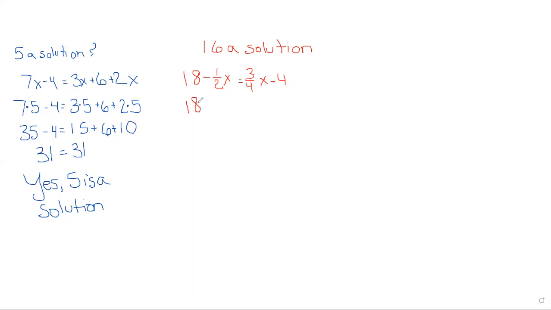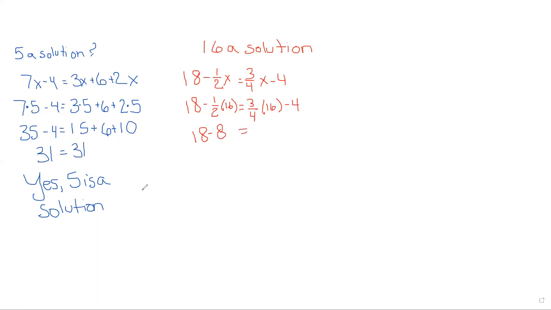We have 18 minus 1/2 times 16 equals 3/4 times 16 minus 4. So 18 minus half of 16, I can do that one in my head. So half of 16 is 8. So 18 minus 8. Now 3/4 times 16 isn't as easy to do in my head.